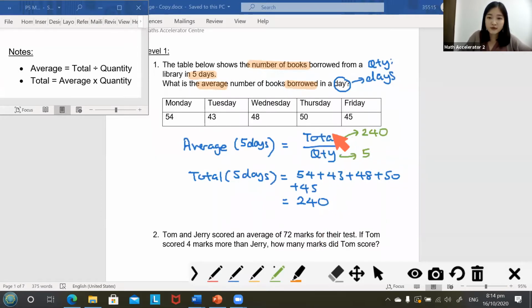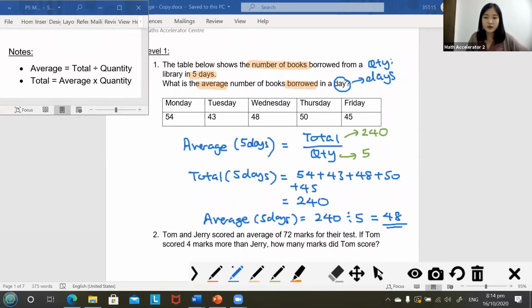Now that you have both of the numbers, we can find the average. It will be 240 divided by 5. 48, thank you.